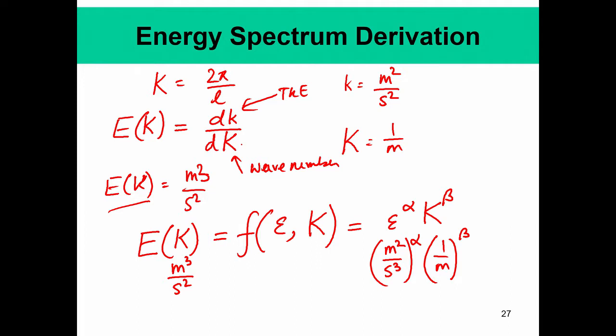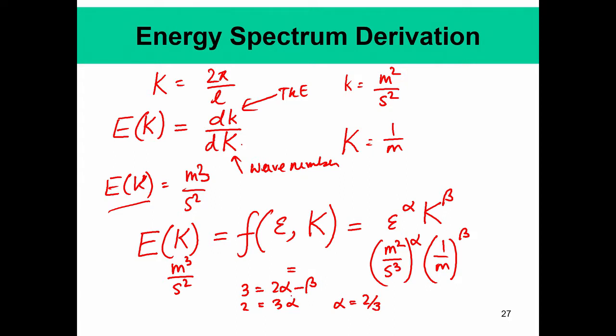Using this we can immediately derive two algebraic equations. Equating the dimension of meter, we get 3 is equal to 2 alpha minus beta. Equating the dimension of second, we get 2 is equal to 3 alpha. So, alpha is equal to 2 by 3, the power of epsilon is 2 by 3.